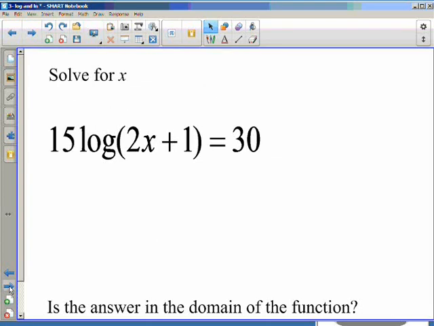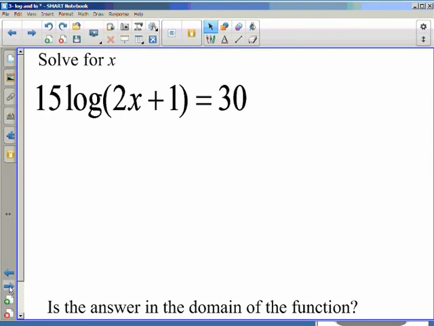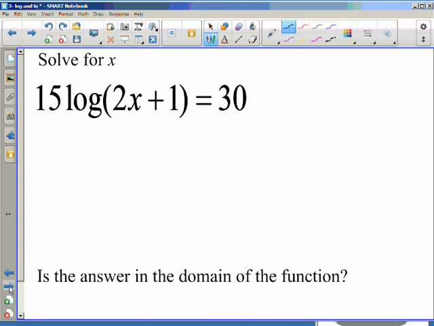And last, we're going to look at solving an equation with our new tool here, the logarithm to undo. So let's go through this. We want to undo operations, kind of like when we did the trig stuff. We're going to divide first, because there is no addition to undo outside of parentheses. We get the log, common log, of 2x plus 1 equals 2.